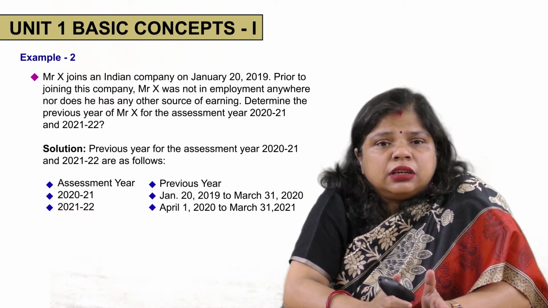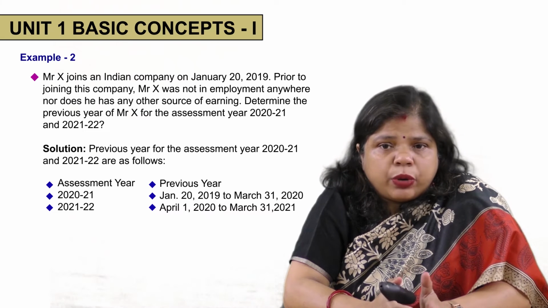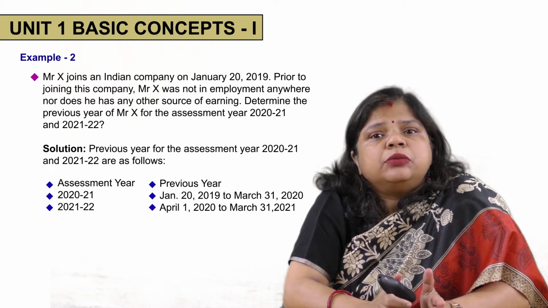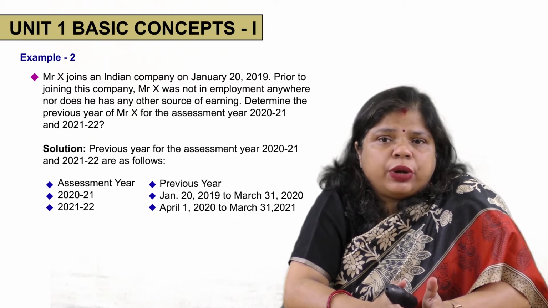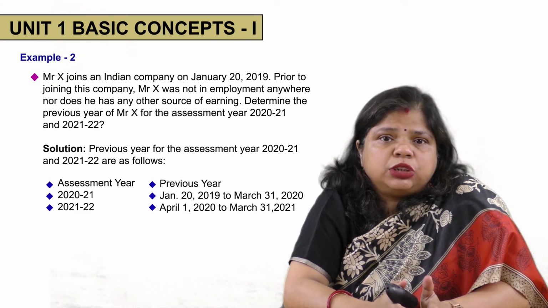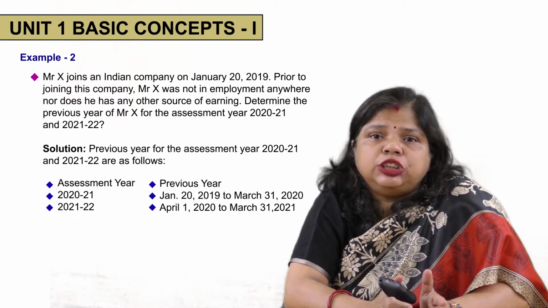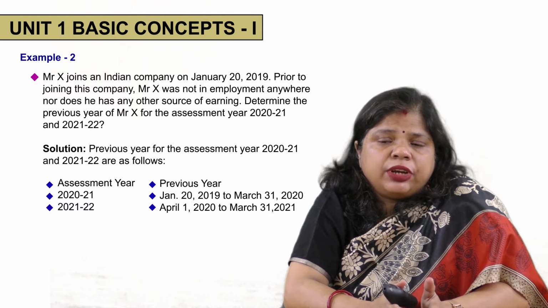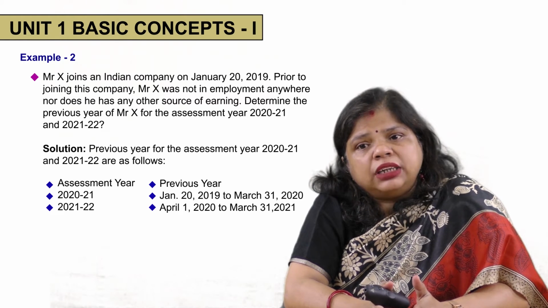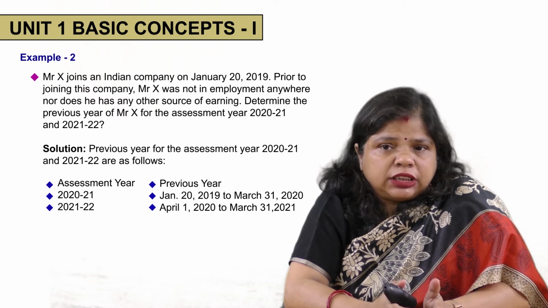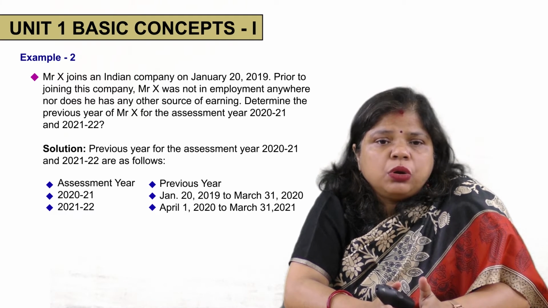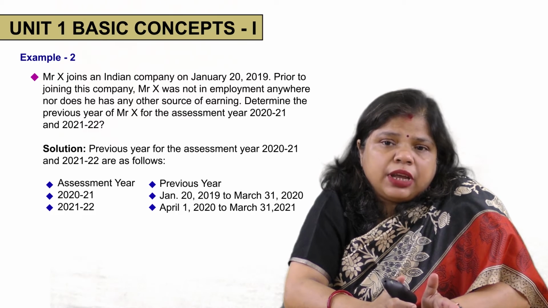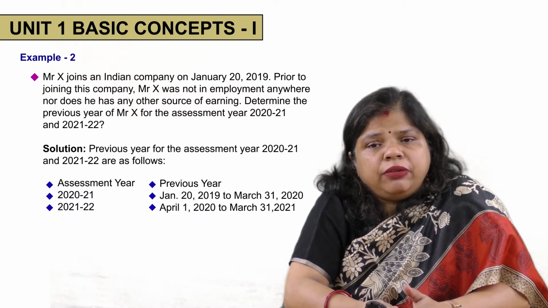Here we consider previous year from January 2019 because Mr. X joined an Indian company in January 2019. So, the previous year will be January 19 to March 20. And for the assessment year 21-22, the previous year will be April 20 to March 21.